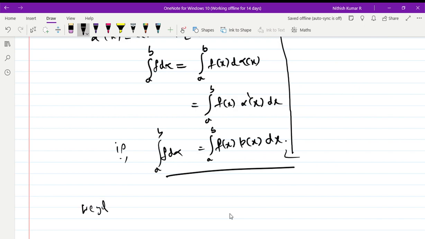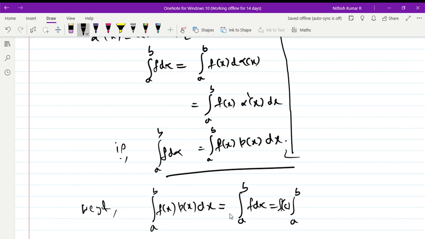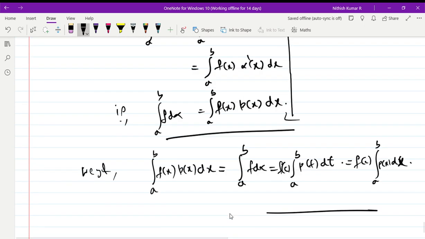So using these two, we get the integral from a to b of f of x p of x dx is equal to the integral from a to b of f d alpha, and that is nothing but f of c times the integral from a to b of p of t dt, or we can also write this as f of c times the integral from a to b of p of x dx. Hence the result.